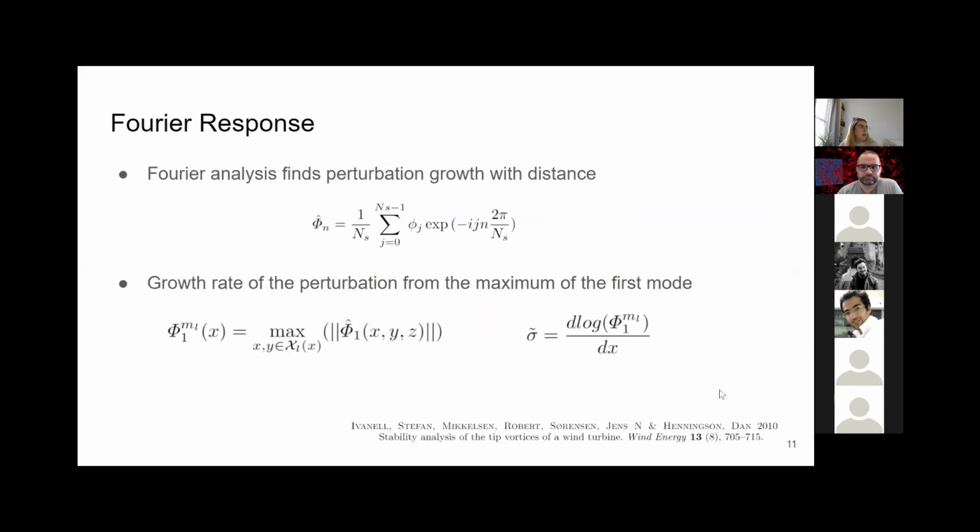Okay. The next thing I did was a bit of Fourier analysis, which helped to see the response of the wake to the harmonic perturbations. So after finding the Fourier modes, I then collected the maximum of the first mode at each downstream location and plotted these on a log graph, and then finding the gradient of that gives us the growth of the perturbation.